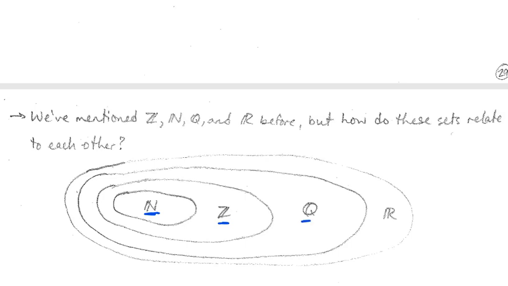Every integer is a rational number, but there are rational numbers that are not whole numbers. So Z is a subset of Q. That's a special symbol that we use to stand for the set of all rationals. And then just the rationals make up half, in quotes, half of the set of all reals.